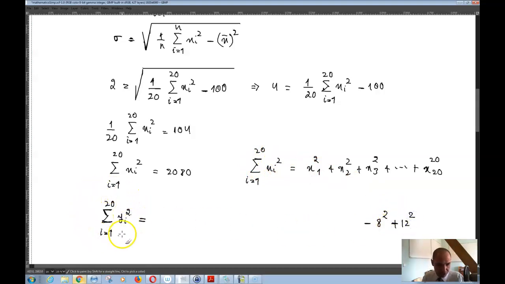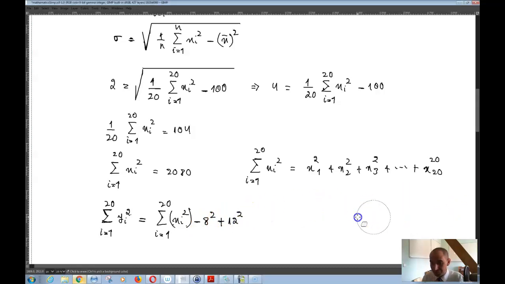That means the new sigma x of i squared, which becomes sigma y of i squared, is equal to sigma x of i squared as i goes from 1 to 20, and I subtract an 8 squared from here. Of course, only this part is being operated on by sigma. So I take an 8 squared out, and then instead I add a 12 squared in.